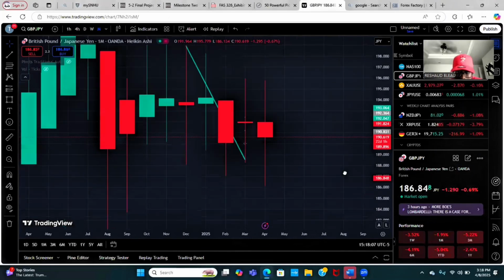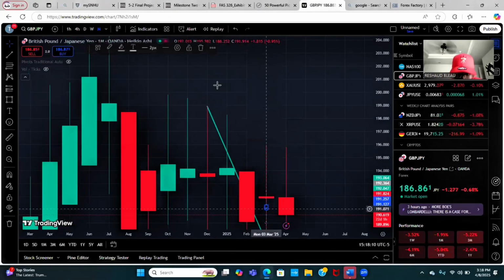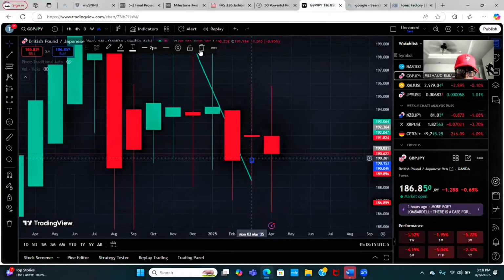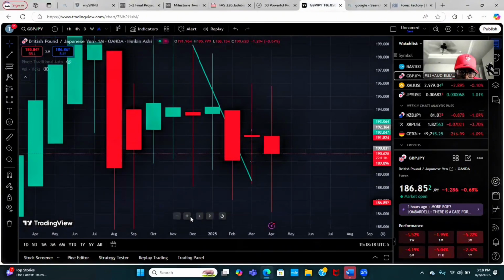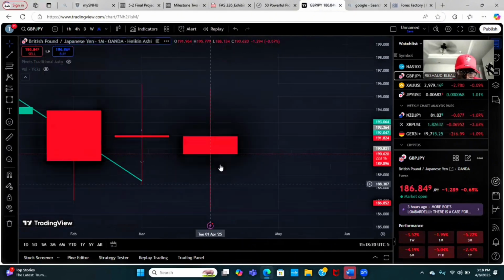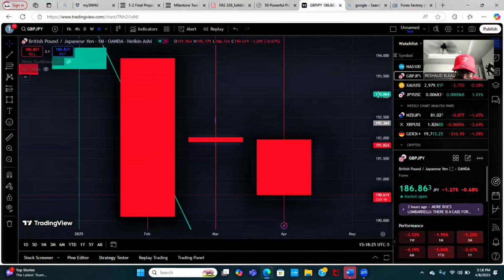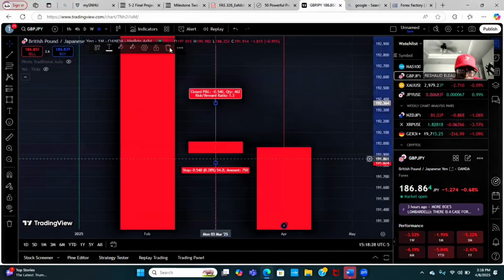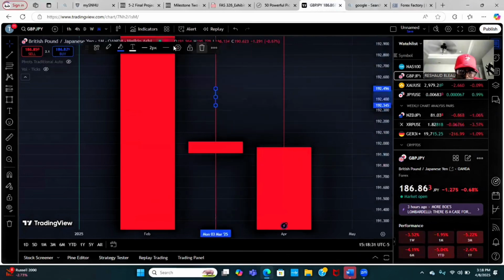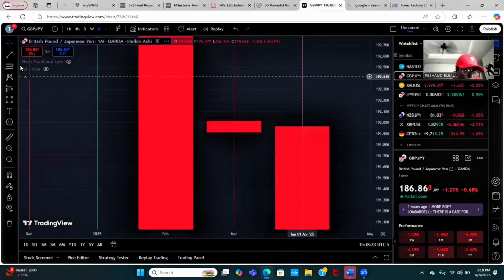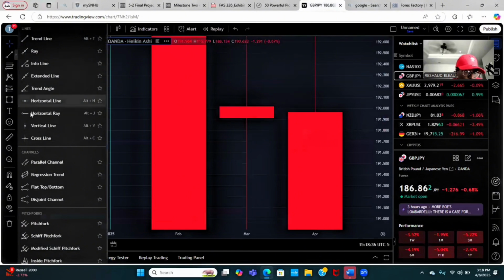All right, so we're gonna mark these indications by line. I'm trying to focus on this. All right, so we're just gonna go by lines, since we're on the month, horizontal lines.